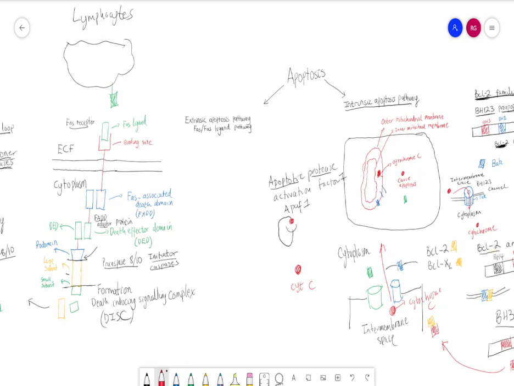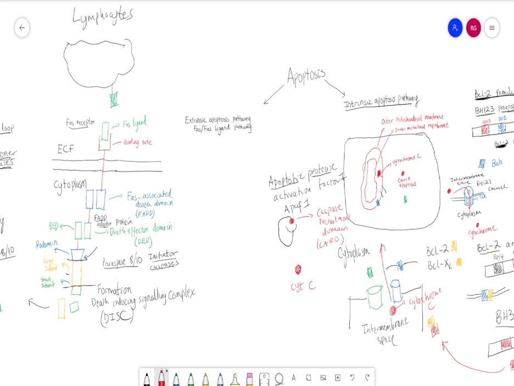And attached to your APAF1, at one end, is going to be a CARD domain. CARD stands for caspase recruitment domain, sorry, I got that a bit wrong. Caspase recruitment domain, and we're going to call it CARD domain.